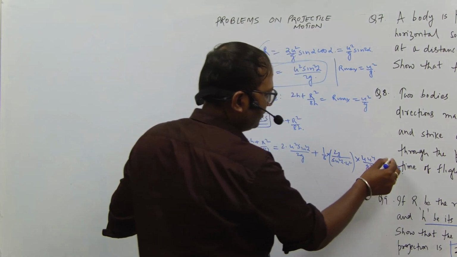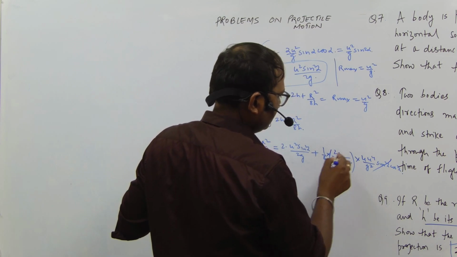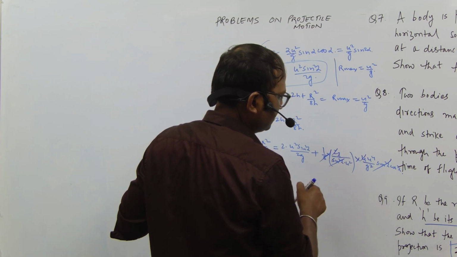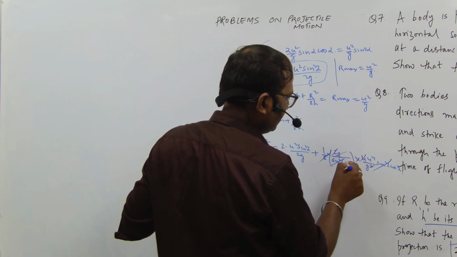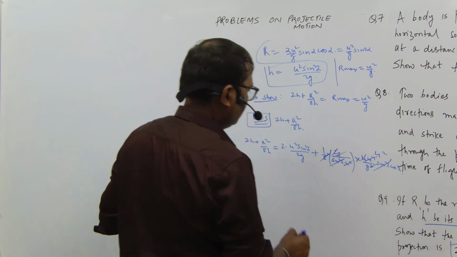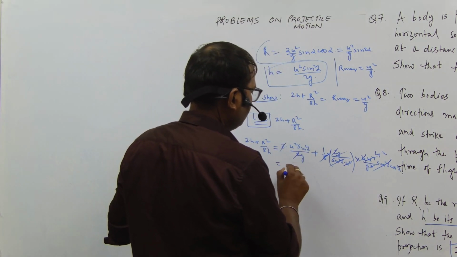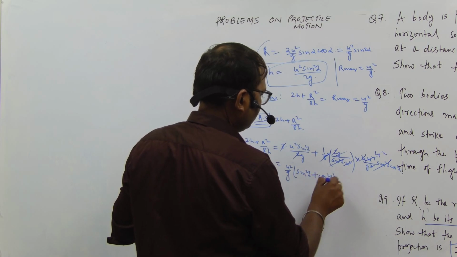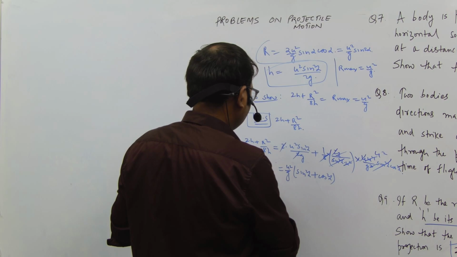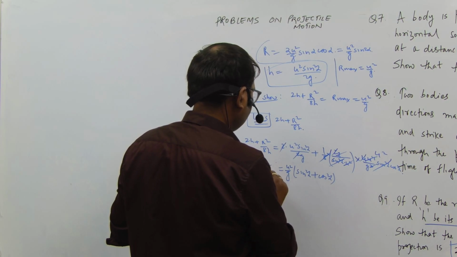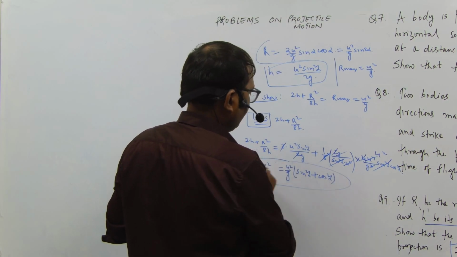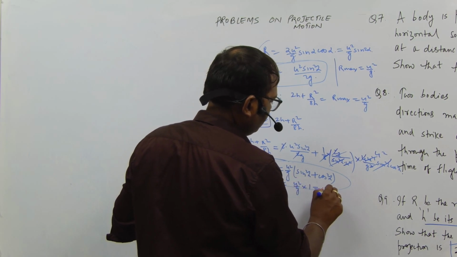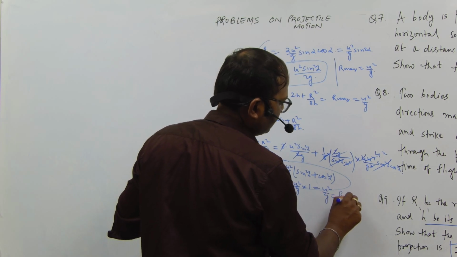So sin square alpha gets cancelled, and 4 to the 8, 4 and 8 get cancelled. The g gets cancelled from here, this is u square, and we have u square upon g into sin square alpha plus cos square alpha. This is equal to 2h plus R square upon 8h. So this is equal to u square upon g into 1, which is u square upon g, equal to R max.